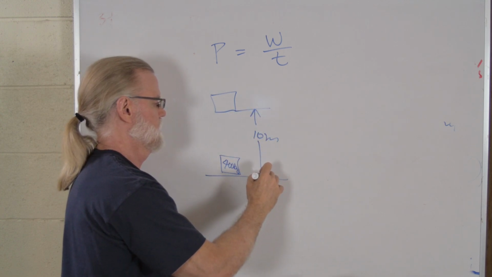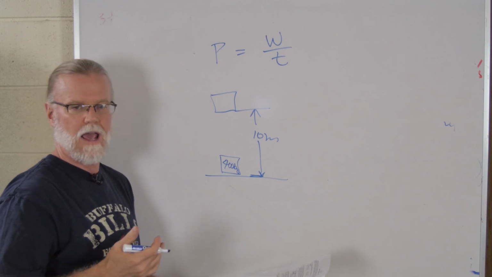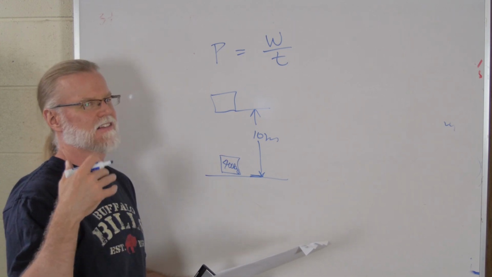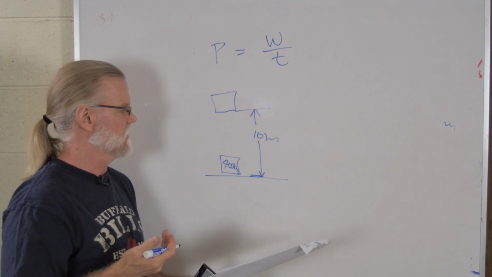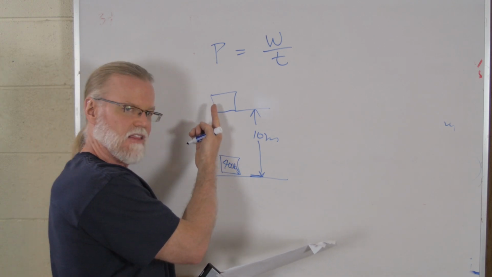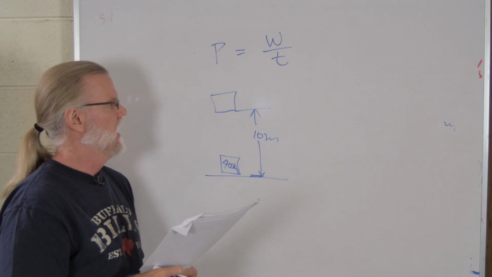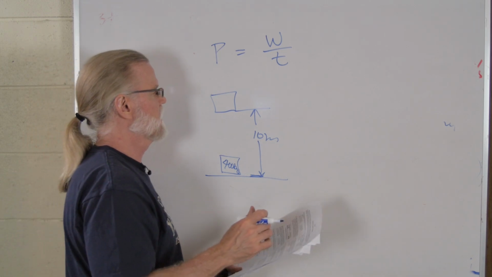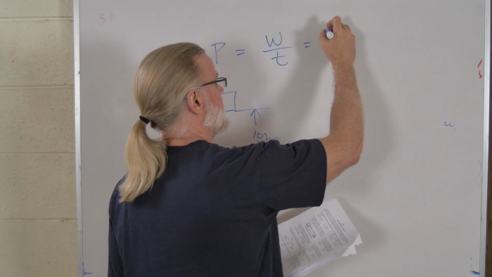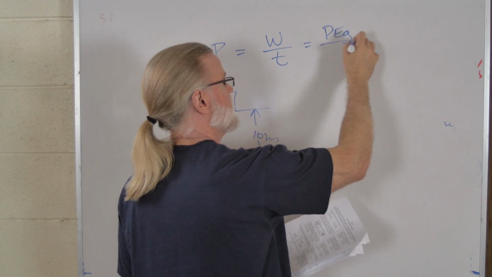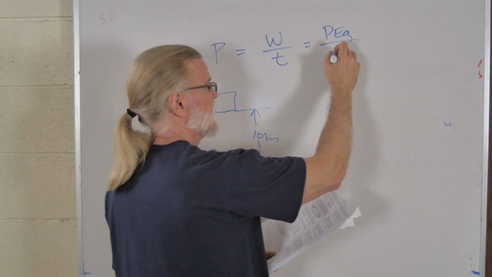All right. What happens to the work done? The important idea with work is that work changes the energy of the system. So the work you do in lifting that will become gravitational potential energy. And we can calculate what that is. So really, this is going to be the gravitational potential energy divided by how long it takes.